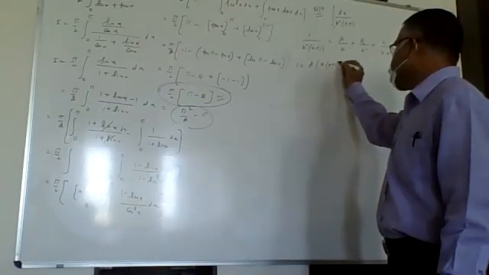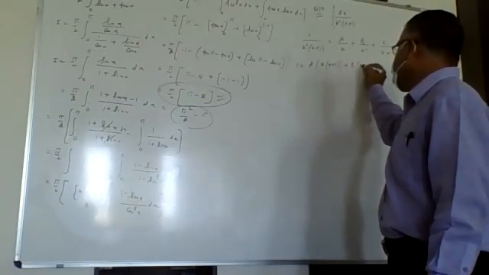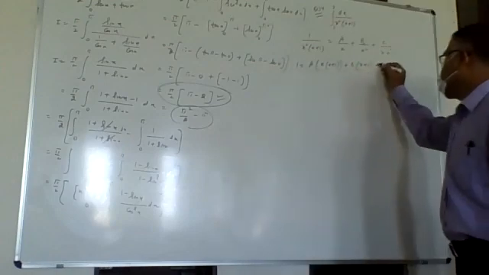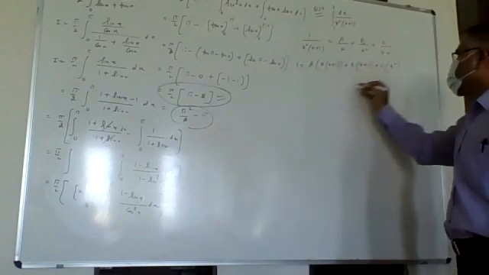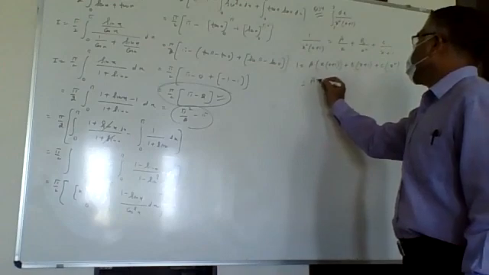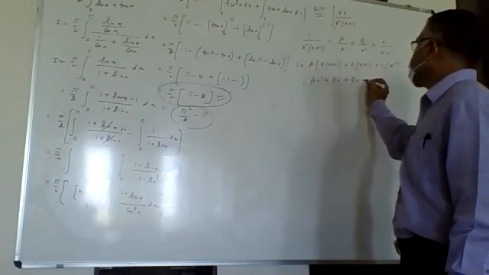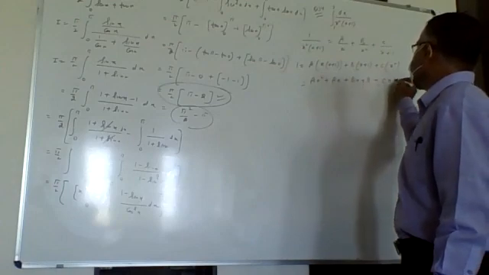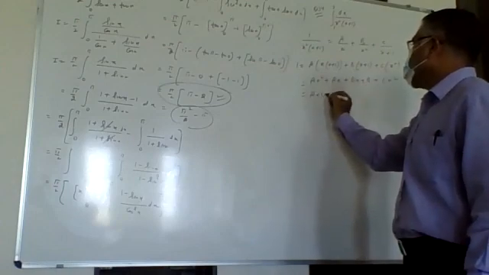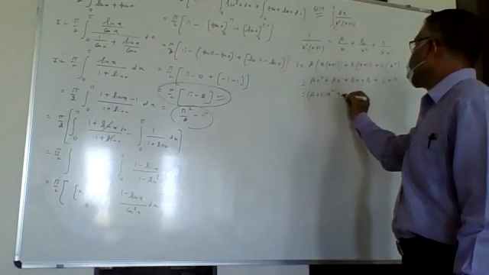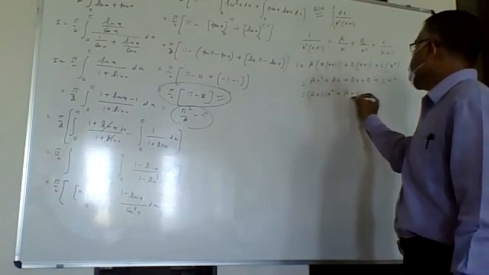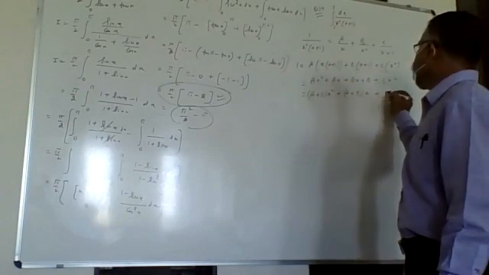So this is 1 equals A times x times x plus 1, plus B times x plus 1, plus C times x square. So which is A x square plus A x plus B x plus B plus C x square. So this is (A plus C) x square, (A plus B) x, plus B whole.